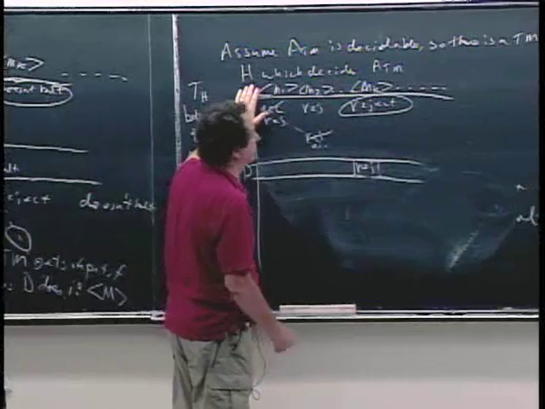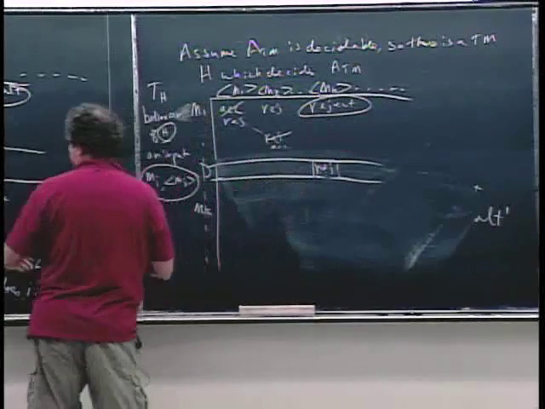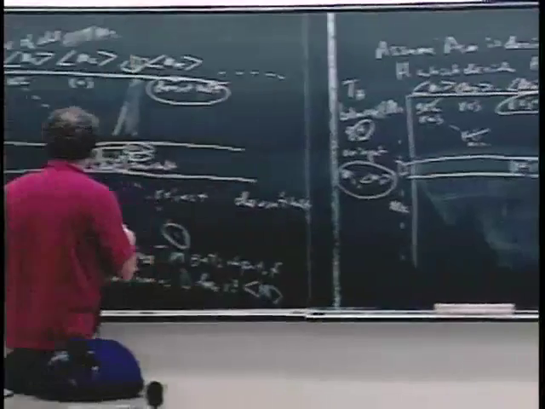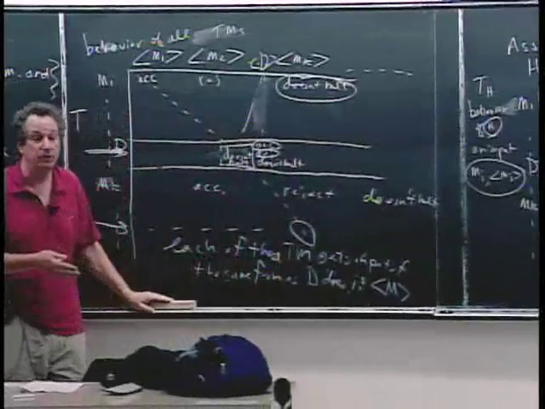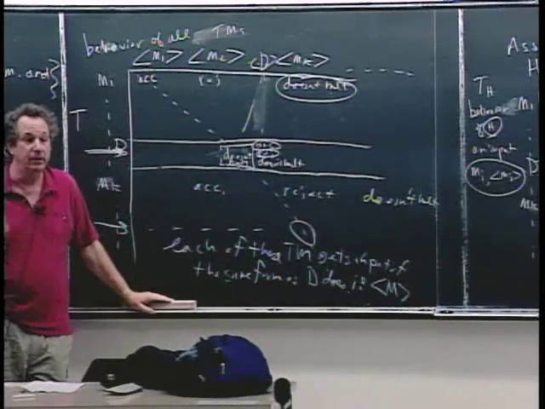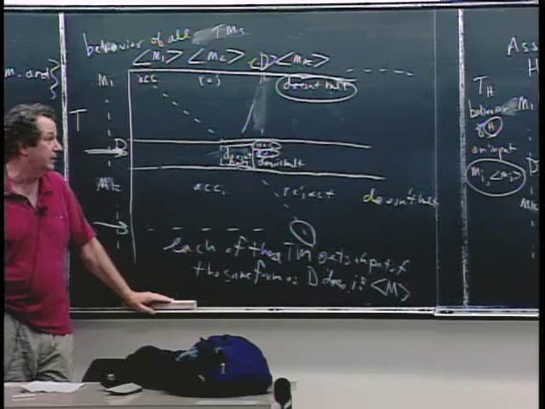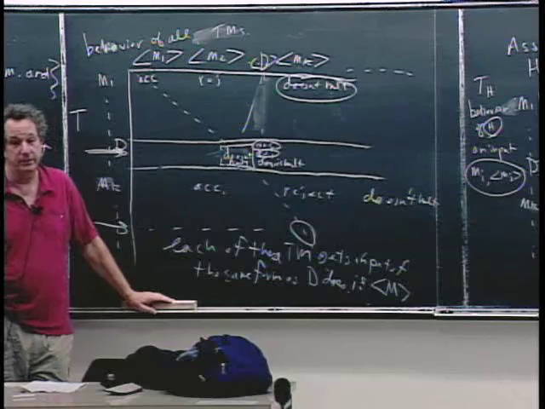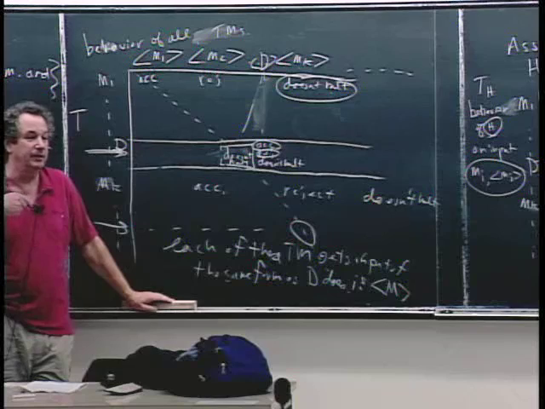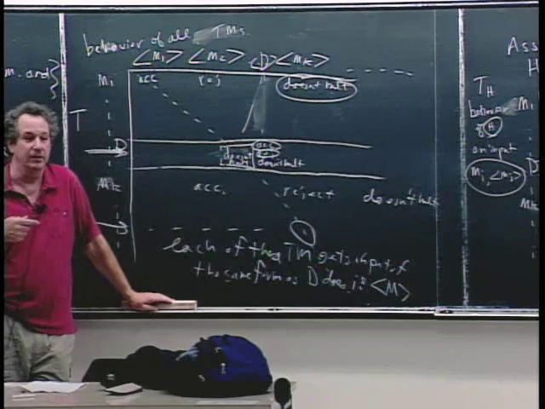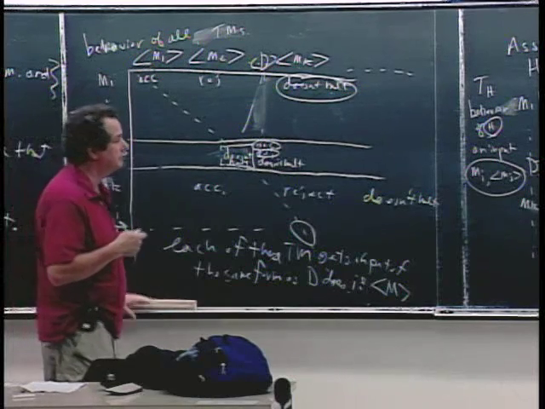Turing machine H exists, which means Turing machine D exists. But then we were arguing where in this table is D. D can't be anywhere in that table, so D doesn't exist, so H doesn't exist, so the language ATM is undecidable. Okay, that is the diagonalization argument that is in the book.